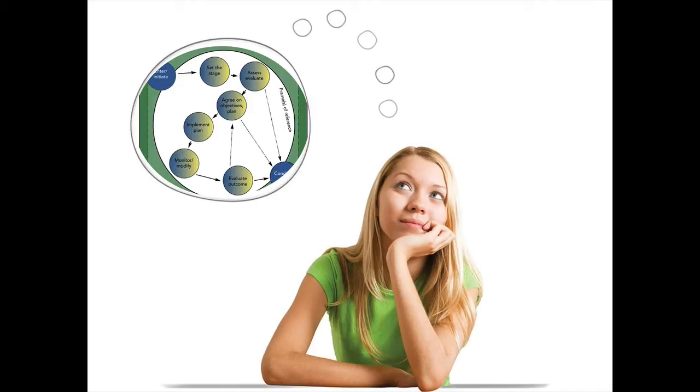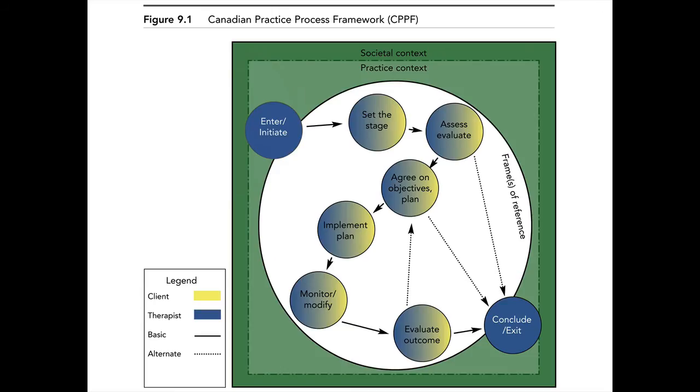And one of those is the Canadian Practice Process Framework, the CPPF. The CPPF is really useful, as we've already talked about, because it is a process which guides us through practice, but it doesn't tell us how to think. It tells us what sorts of things to think about, but it doesn't give us any support in terms of how we make a judgment about when we've identified occupational issues and the underlying causes of those, what sorts of things we might need to plan on and then implement with that client in order to address the occupational issues.